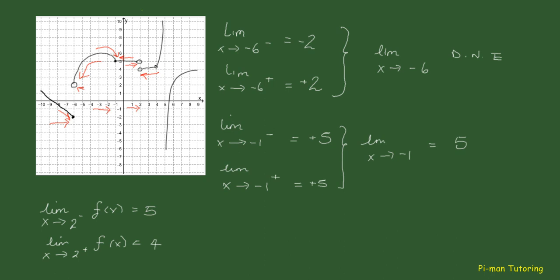And again, since these two limits are not the same, we can say that the limit as x tends to 2 for f of x does not exist.